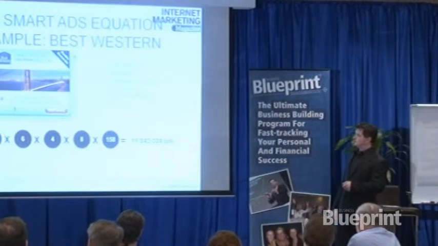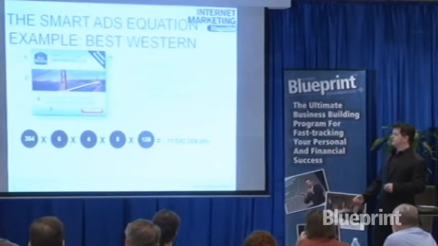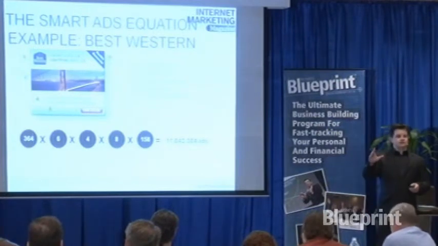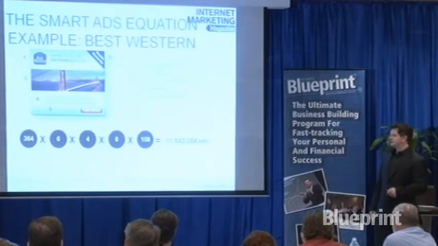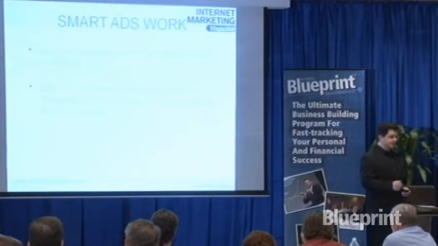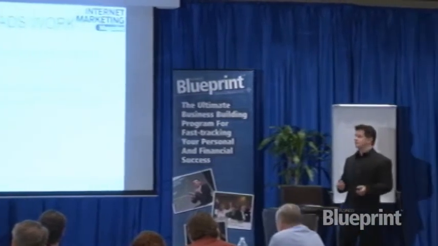So here's an example for Best Western, where they've got 364 properties, 158 different images, 8 backgrounds, 6 messages and 4 offers. So it's like 11 million ads if they had to create all those to be an exact target match. But using smart ads, it just dynamically rotates the stuff in and out. And very, very clever. What's good about this, realistically, is the increase in return on investment for the advertiser.